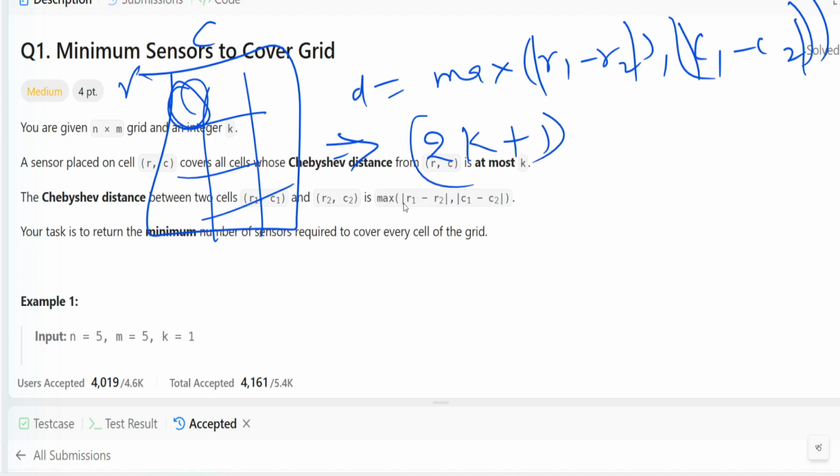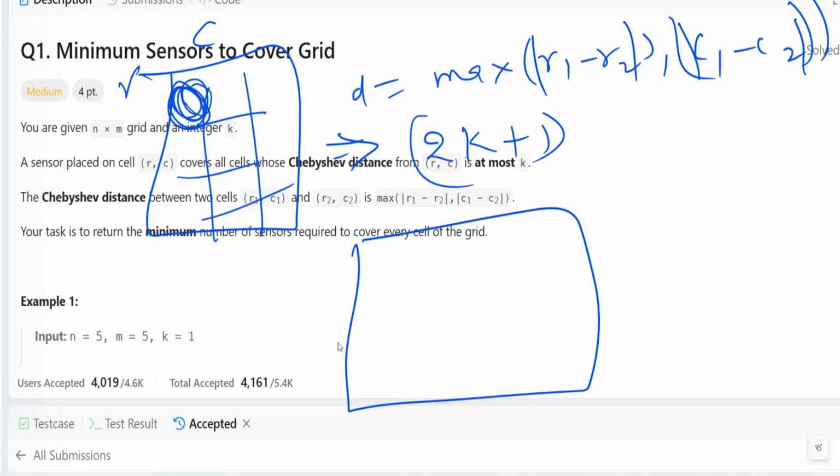Okay, because it is saying we have some distance from this cell that covers the cells where both row and column are at most k distance away. Let's suppose for this example, if I take some value, right? Let's suppose k equal to 1 and the sensor is at 2 2.